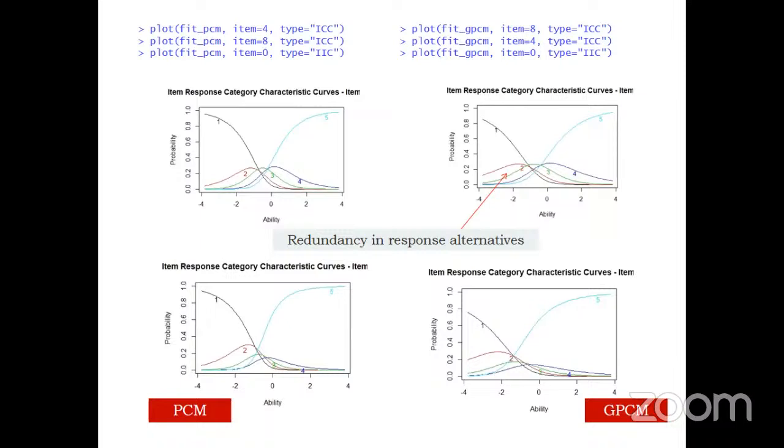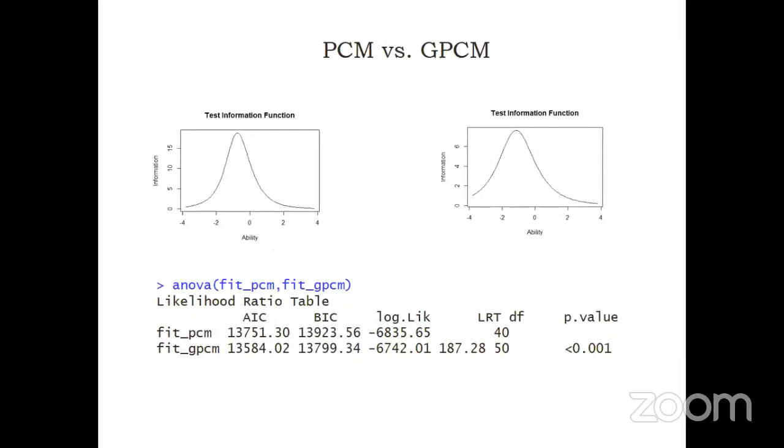None of them selected it, or very few people selected option 1, the first response category, and all the other response categories were mostly selected. If that is the case, then it's a burden. It will introduce redundancy in the response alternatives, and it will bring down the discrimination index of the entire item. So this is something that you should be looking at, and these graphs tell you very nicely whether there is redundancy or not.